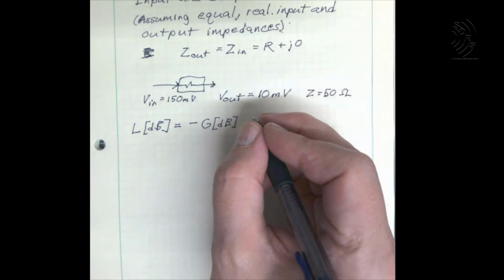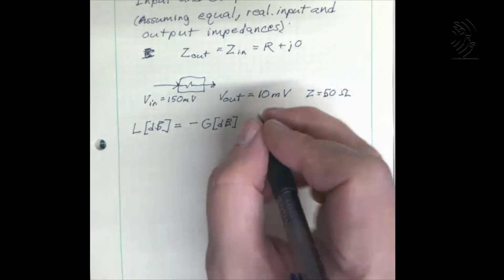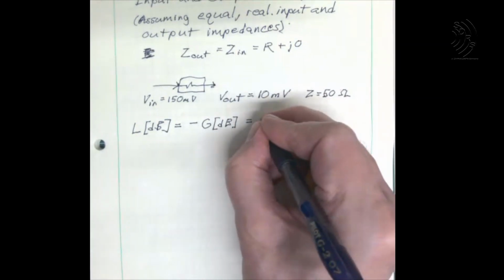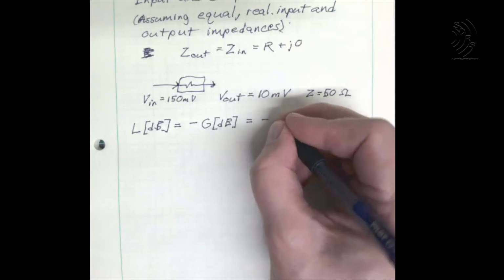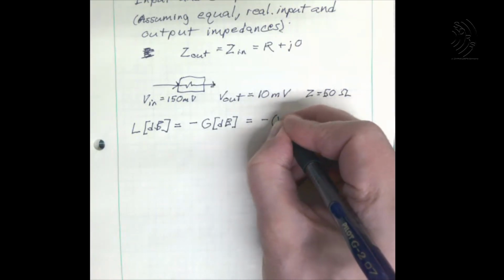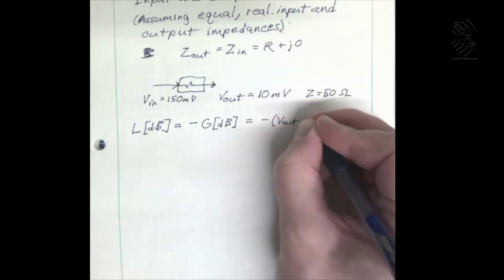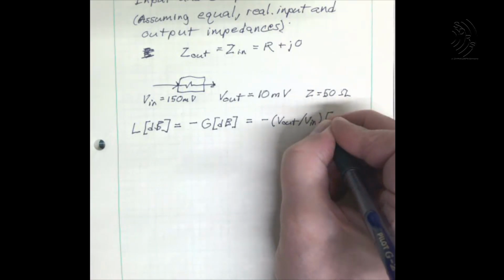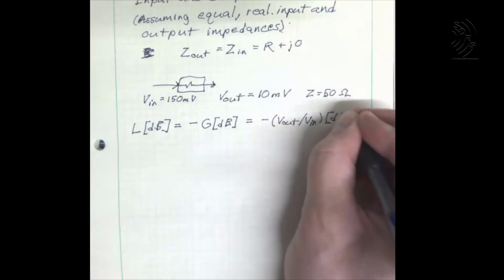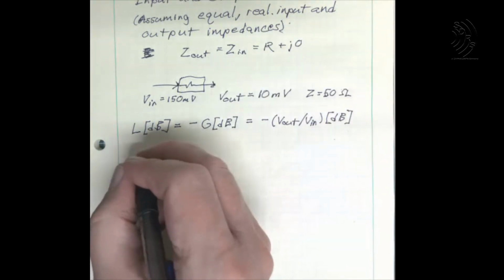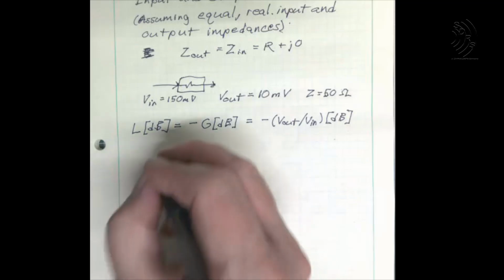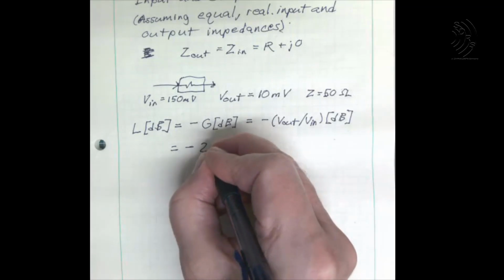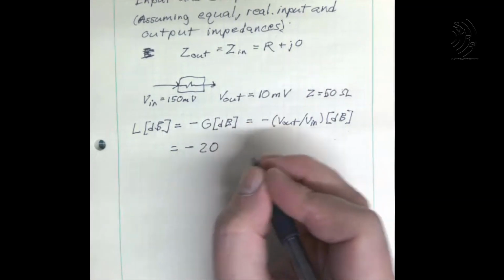So in this case, we can write the loss as negative V out over V in decibels, and that will be negative 20 because we're using a voltage ratio with a common resistance reference.